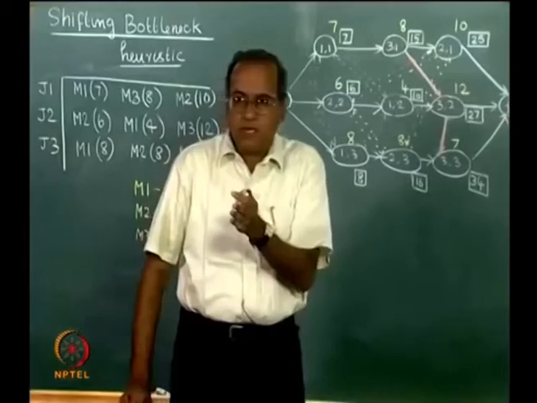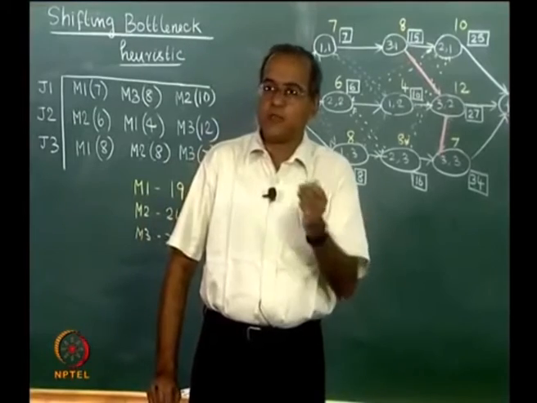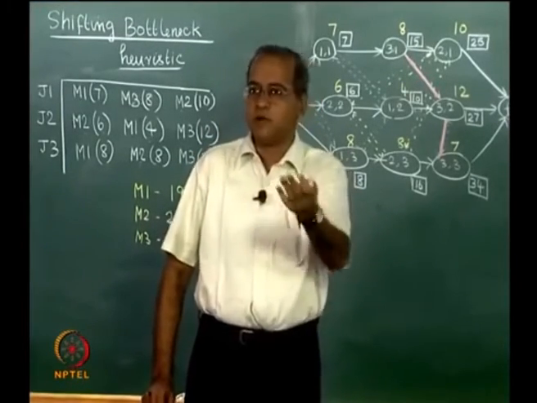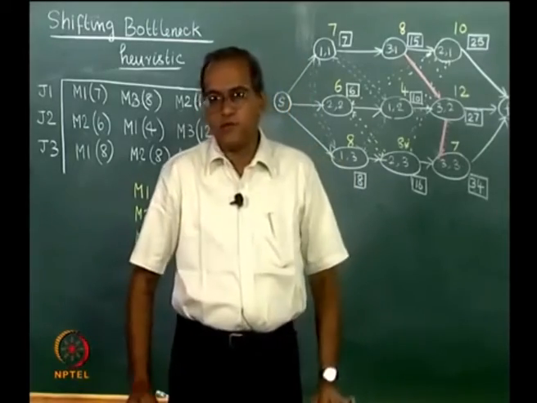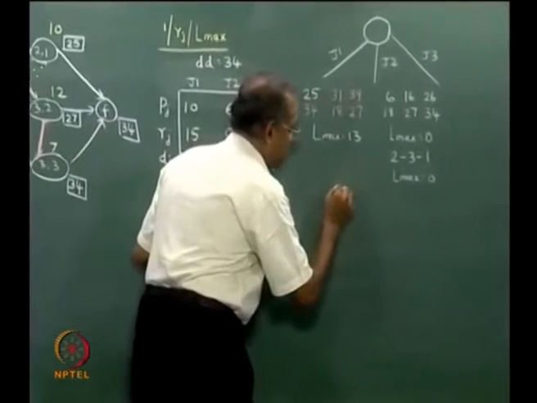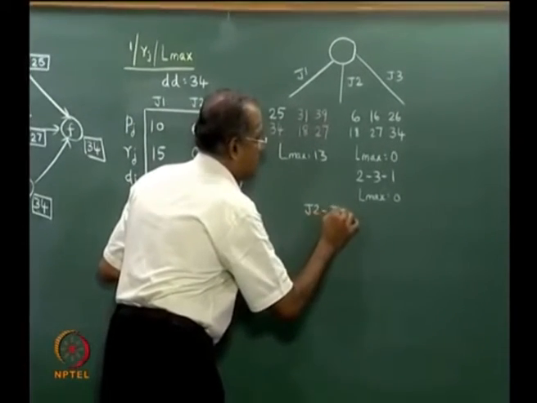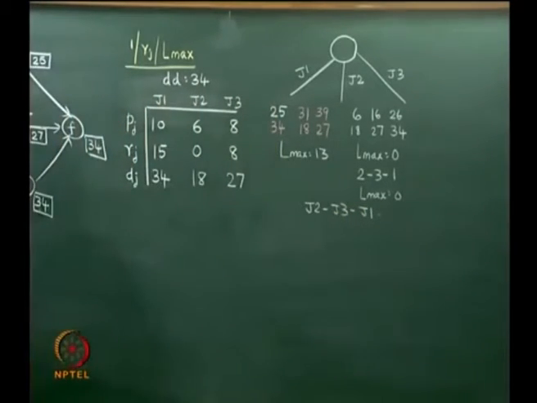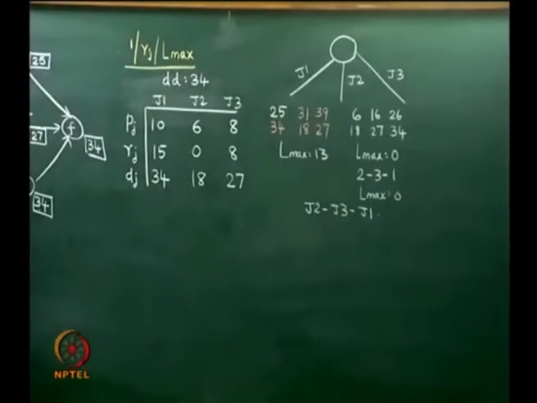For a maximum tardiness problem, if you have a feasible solution with maximum tardiness equal to 0, then it is optimal. So, we could stop right here and say that the sequence on M2 is J2, J3 and J1.